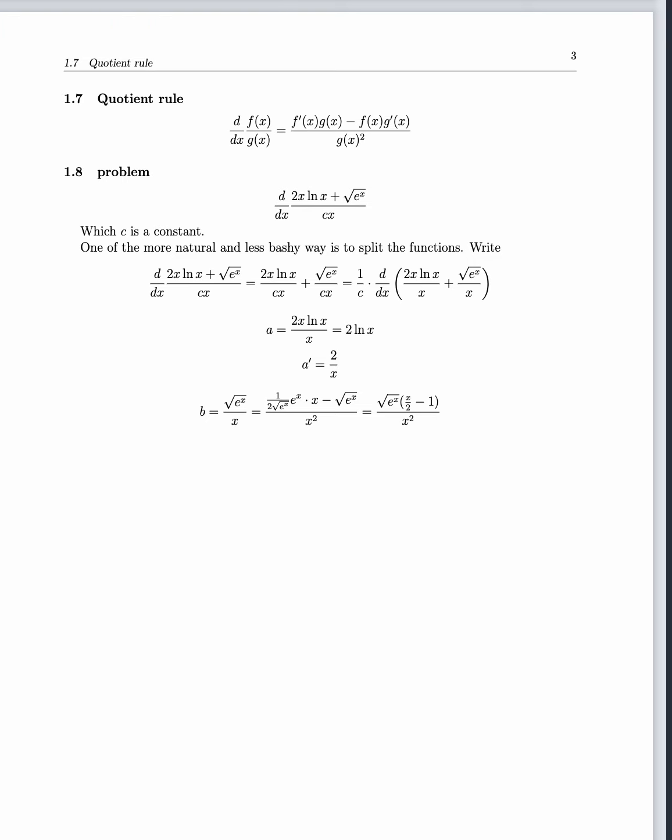We also know this additional rule, which is d a over dx plus d b over dx, which is equal to d over dx of a plus b.